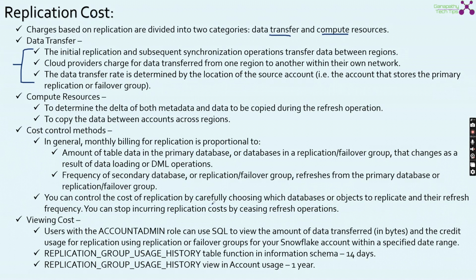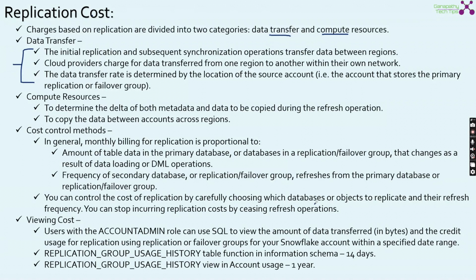You can control the cost of replication by carefully choosing which databases or objects to replicate and the refresh frequency. You can stop incurring replication cost by ceasing refresh operations. These are some of the important points to note on how you can save cost during replication: by ceasing the refresh operations, controlling the refresh frequency, and also by carefully choosing the databases and objects which you want to replicate.